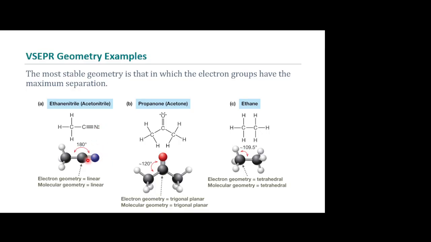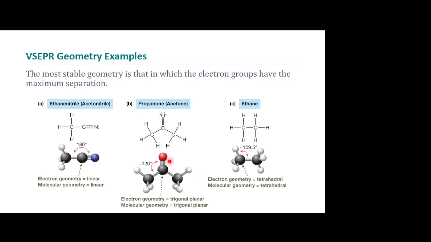So if you have a triple bond, you pretty much know it's going to be linear. You can get other structures if you go to things like sulfur down in periods 3 and 4 that have extra octets. That's the only place you can get that sort of weird stuff.